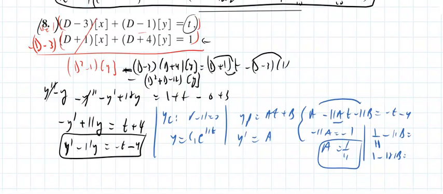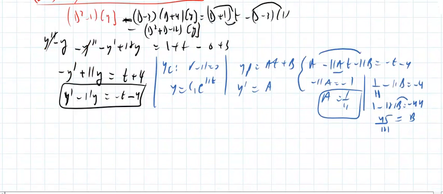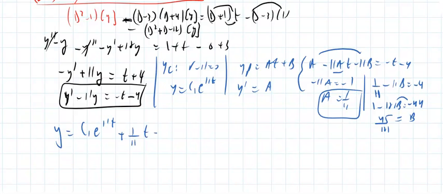So that's a minus, so that would be negative 44. So if you swap those, b will be 45 divided by 121. And by doing so, I get the solution for y. y equals c sub 1 e to the 11t plus 1 over 11 t plus 45 over 121.